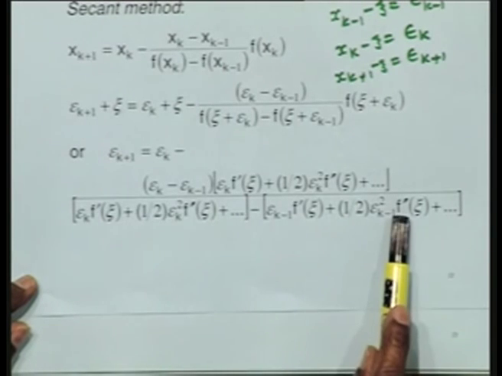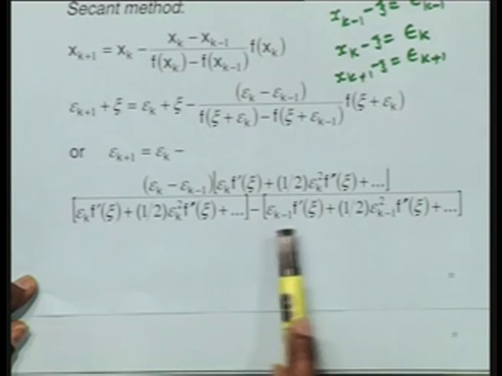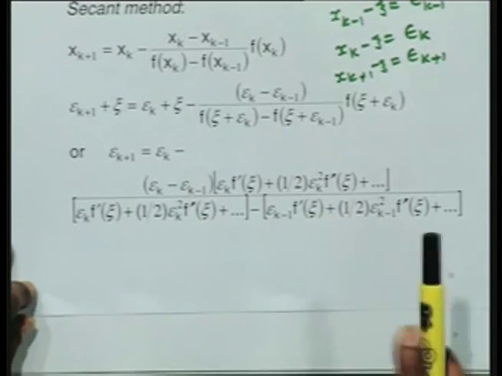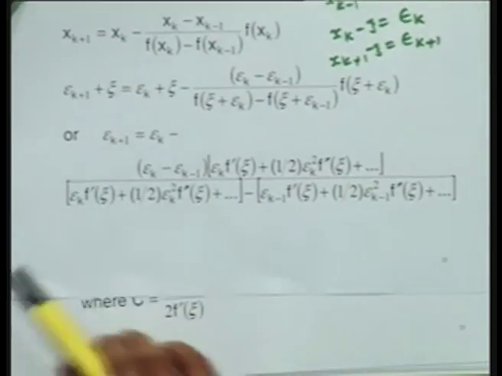I have to first simplify the denominator, whatever the leading factor is I take it out and write it as 1 plus capital X. So I would like to bring it into that particular form.